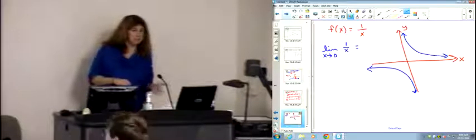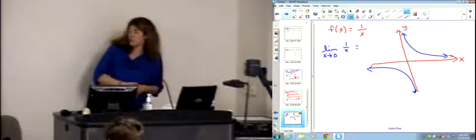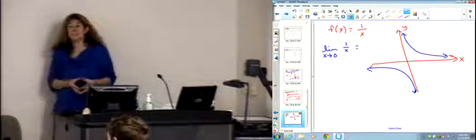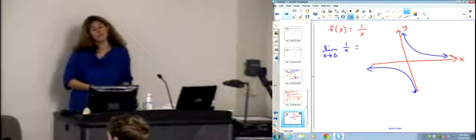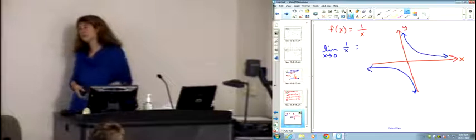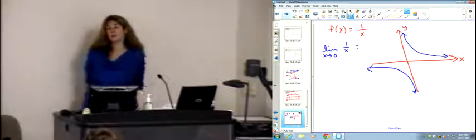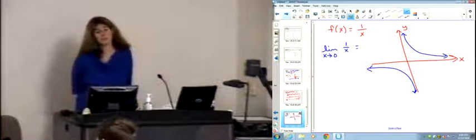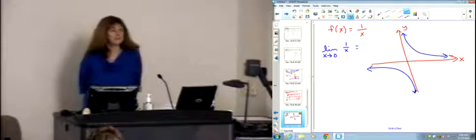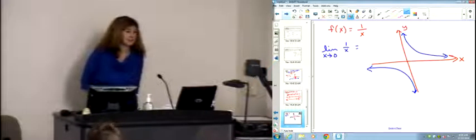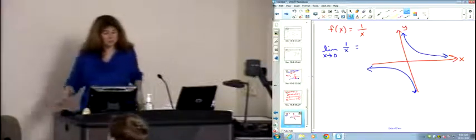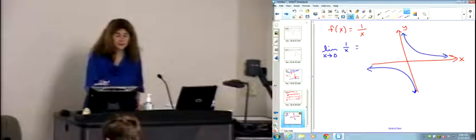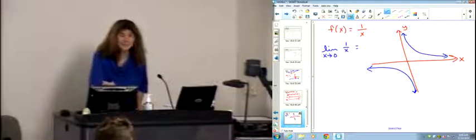Obviously, I cannot just put 0 in for x here. What else do I notice about when x is equal to 0? What do I notice here in this function when x is equal to 0? What about the function itself? Yeah, right, it's undefined there, okay? The function is undefined when x is equal to 0. Now, what's happening here is we have asymptotes.